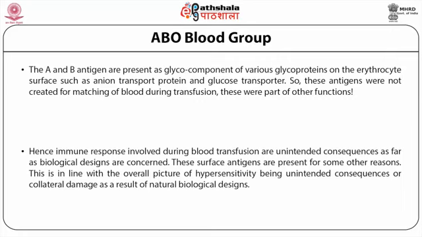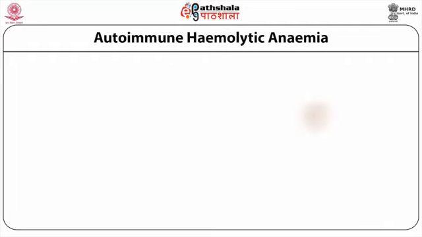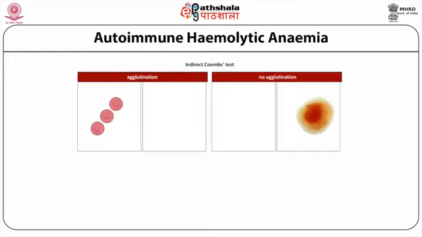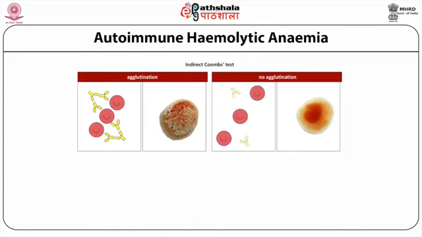This is in line with the overall picture of hypersensitivity being unintended consequences or collateral damage as a result of various natural biological designs. We will cover autoimmune diseases separately and fairly extensively.